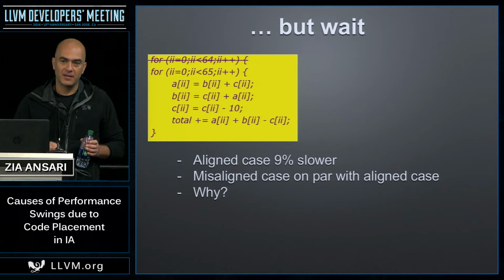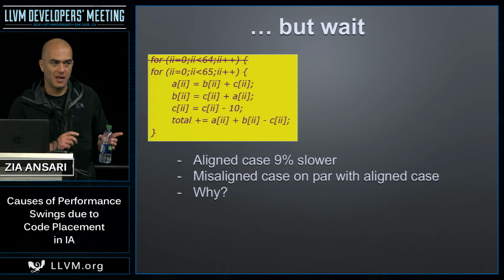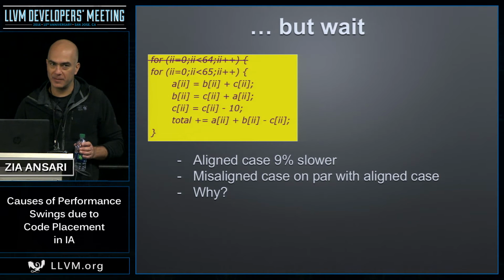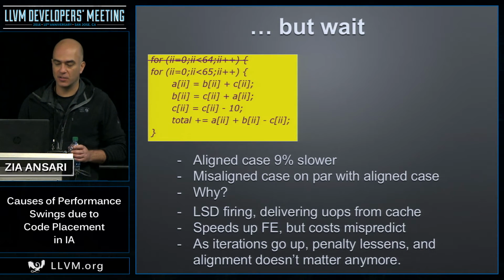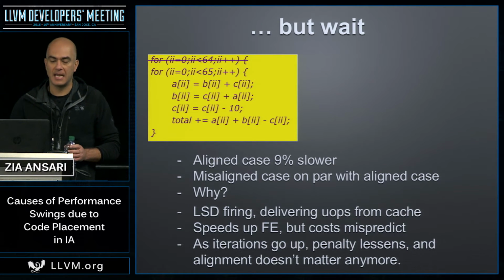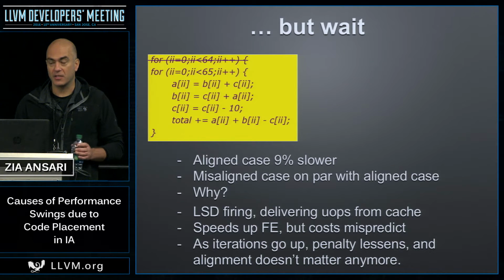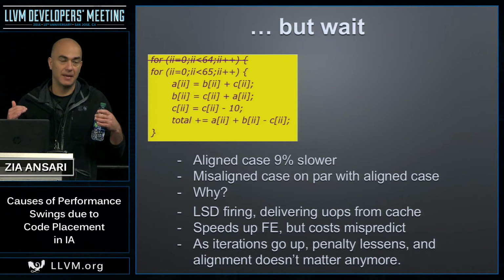So if you remember the one block that I was talking about earlier, the loop stream detector, this is where Mr. Loop Stream Detector kicks in and says, hey, you're past my threshold for what I think is a loop stream. And I'm going to shut off the front end, and I'm going to start feeding the rest of the pipeline with just a stream of UOPs. So the aligned and misaligned case now perform equally because alignment doesn't matter anymore, right?